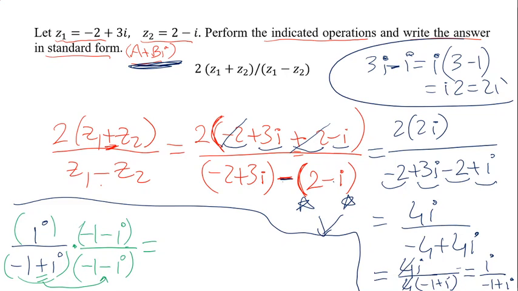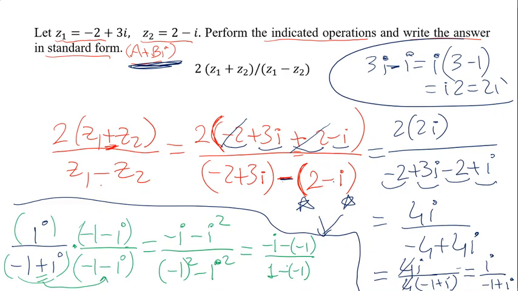Anyway, it's I times (-1 minus I), and this will be -I minus I squared, divided by (-1) squared minus I squared. This will be -I minus (-1) divided by 1 minus (-1). So we will end up with (-I plus 1) divided by 2.